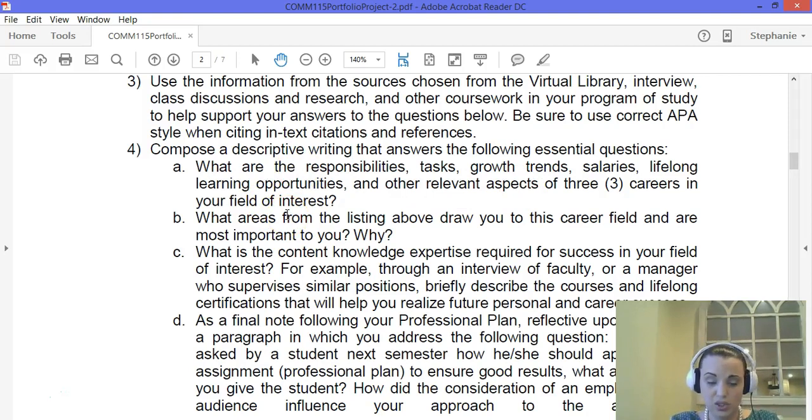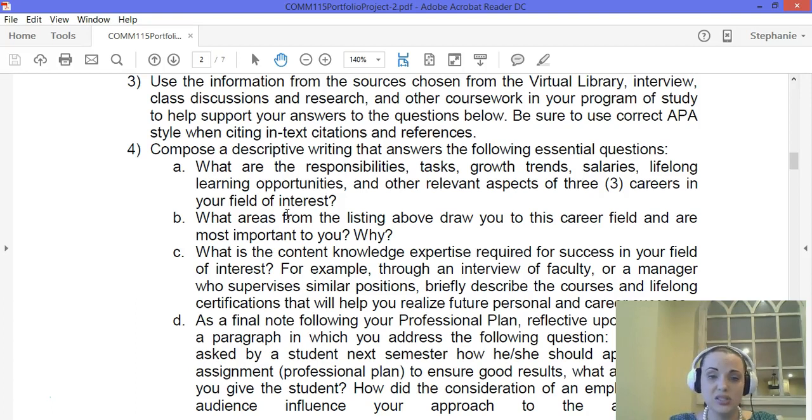Remember, you're persuading an employer on why they should pay for your college tuition based on your field of study, and you're telling them all about your field of study and these 3 careers that you can do if you get this degree.